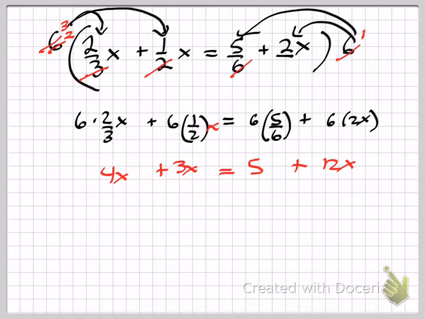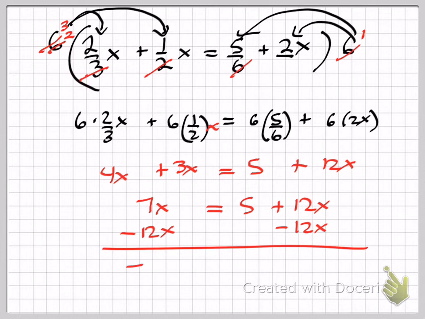Okay? Now we are combining our like terms, Keenan. What am I going to get? 7x equals? Okay, next step. How about Harry? Good, subtracting 12x.